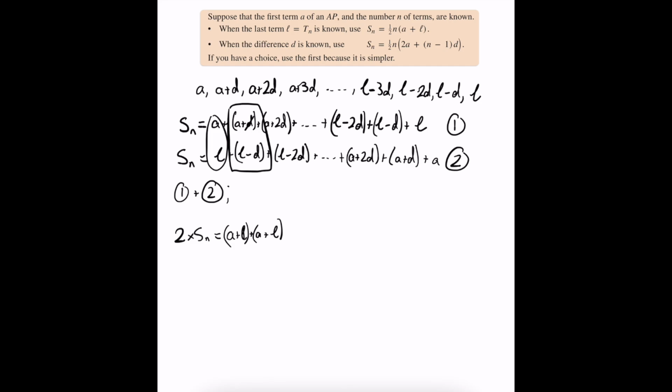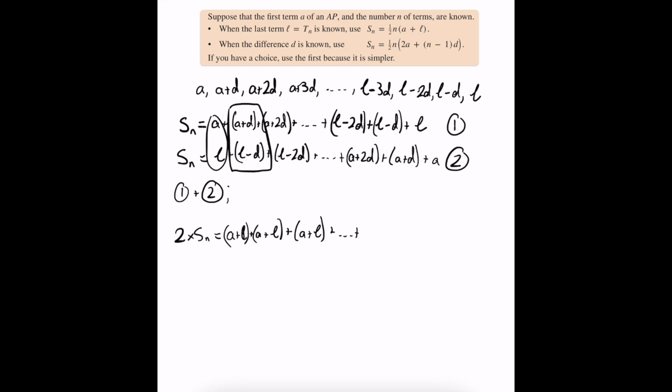We have a plus D and a minus D. Now in our next term, again, it will be A plus L. And this is because we have a 2D and then a minus 2D, and they will cancel each other out. And then that leaves us with A plus L.